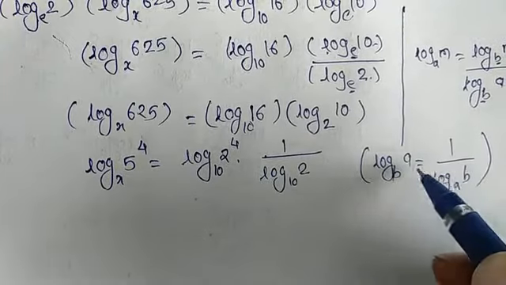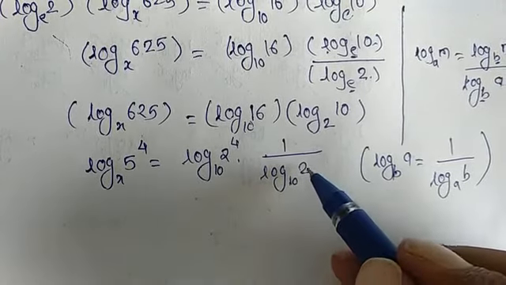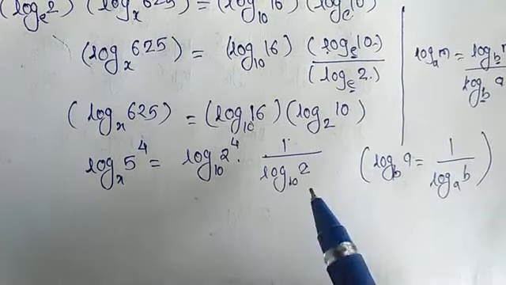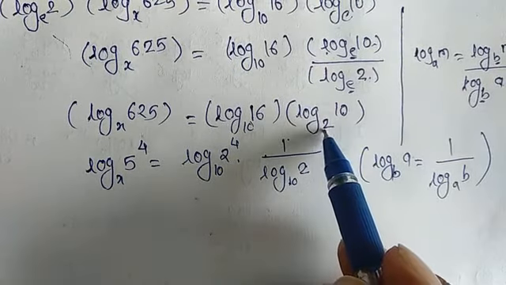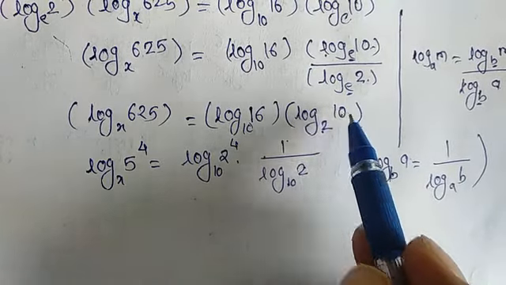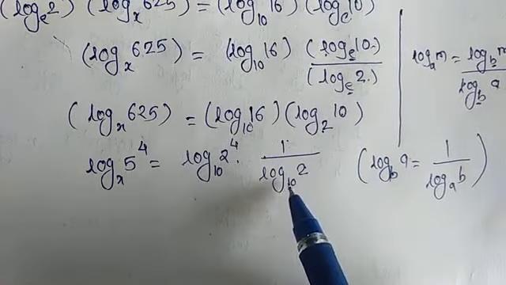If we change the base, it can be written in reciprocal form. So here we write 10 at the base place and 2 above, so it can be written as 1 upon log 2 to the base 10.